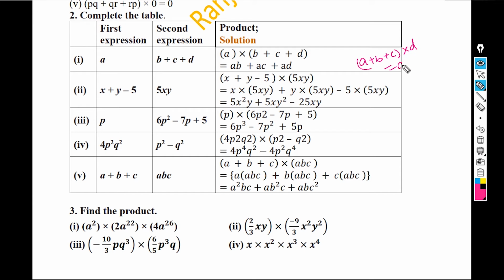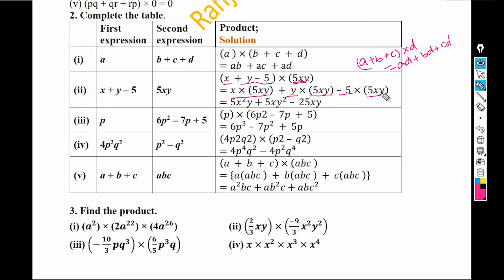Then it is ad plus bd plus cd. Like that, you have to multiply this x with 5xy and plus y into again 5xy and then minus 5 into this 5xy.